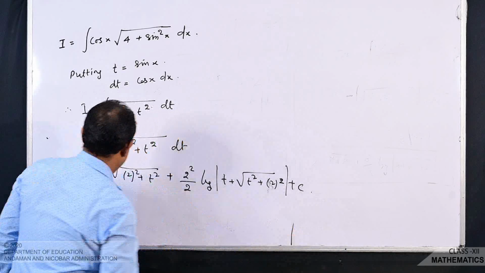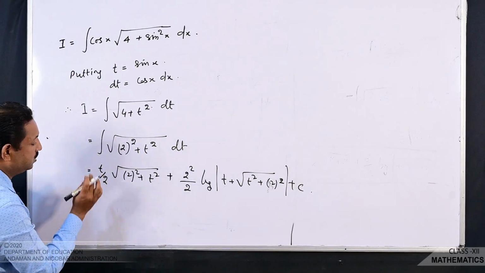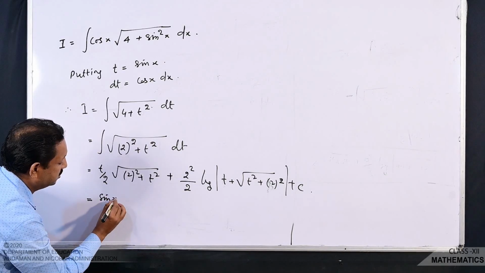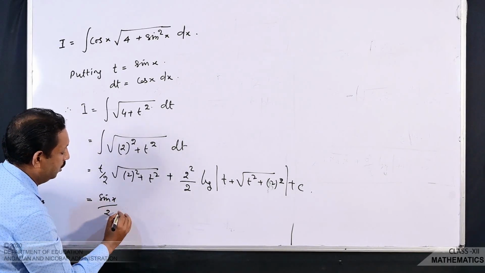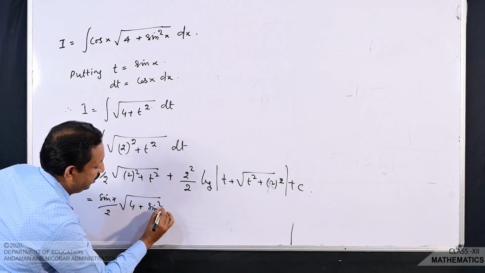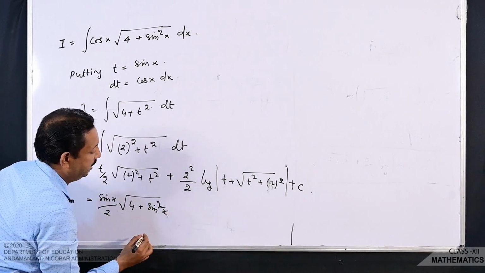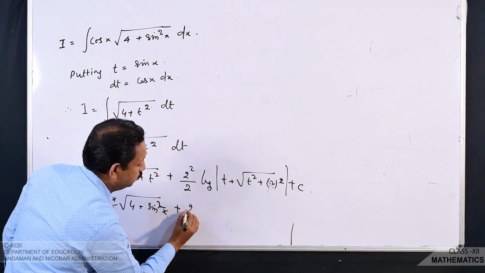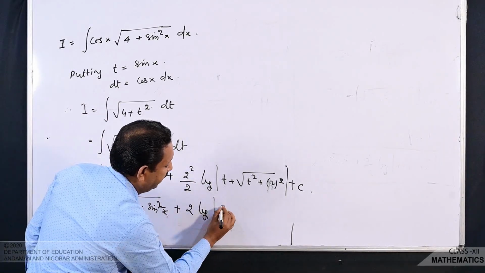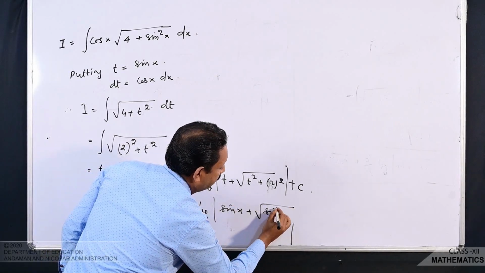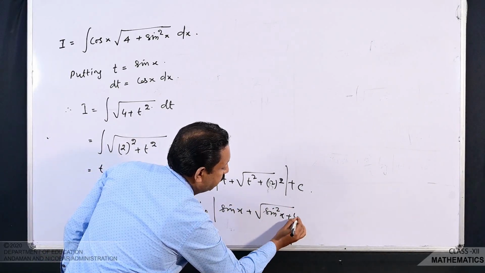So this will give you, t is what? t we have assumed as sin x, so it will be sin x by 2 root under 4 plus sin square x, and plus, that is 2 will cancel, so that means 2 log of sin x plus root of sin square x plus 4, plus c.